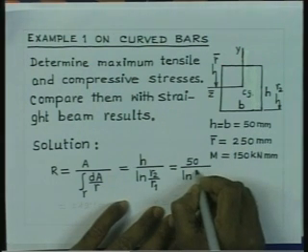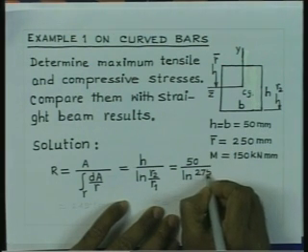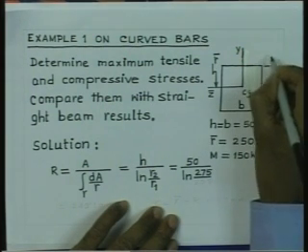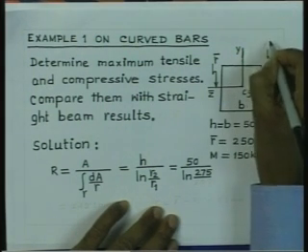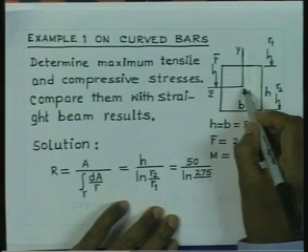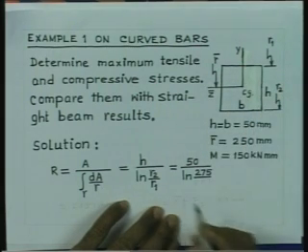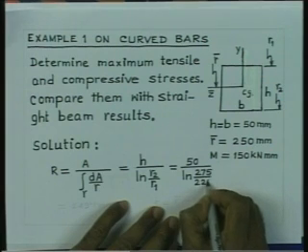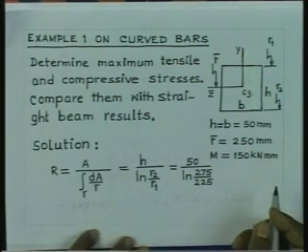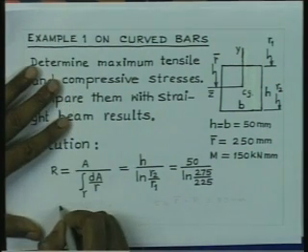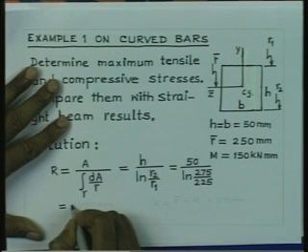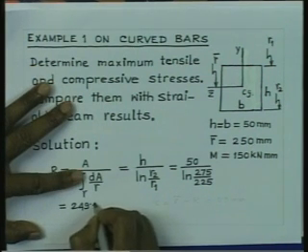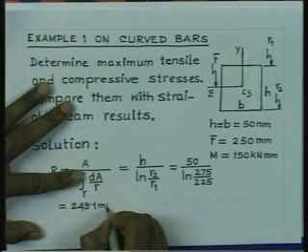So, therefore, it will become 275, and the radius of curvature of the top fiber, r1, is nothing but 250 minus half the height. So, it is again 250 minus 25, therefore, it will be 225. So, this gives us radius of curvature as 249.1 millimeter.